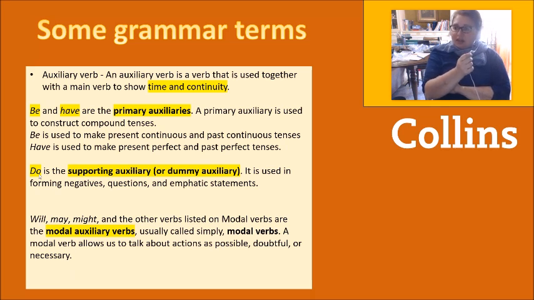Then we have another category of auxiliary verbs that have some meaning of their own, and they are the modal auxiliary verbs. What are modals? We all know them. They are may, might, will, would, shall, should, must. Maybe I'm forgetting something. These verbs, they are modals.